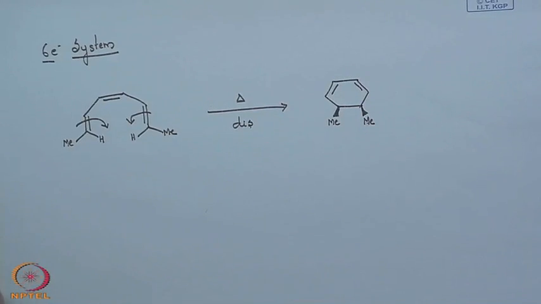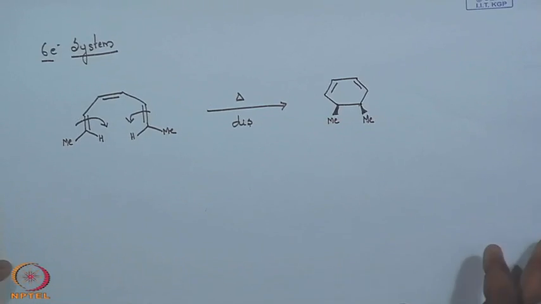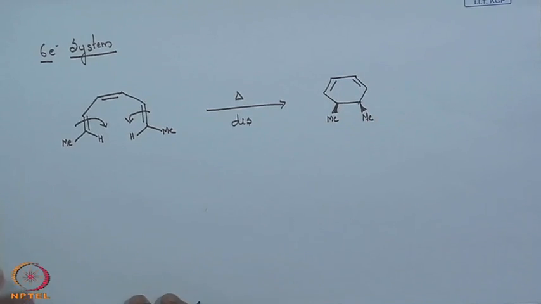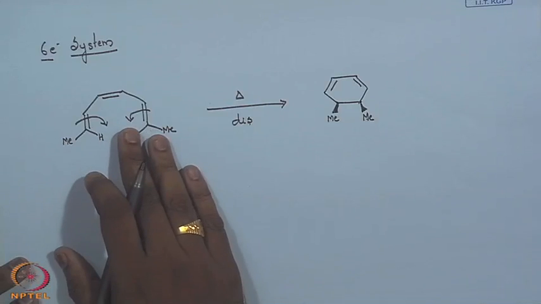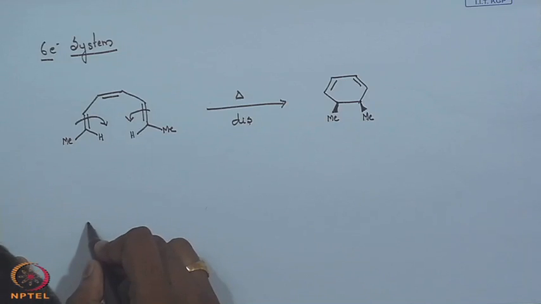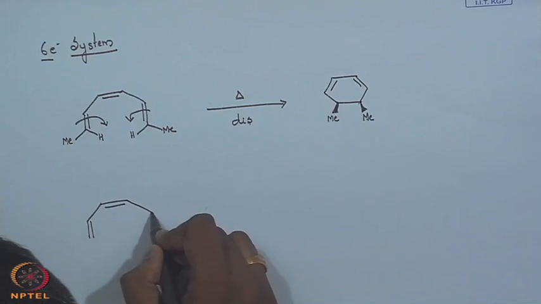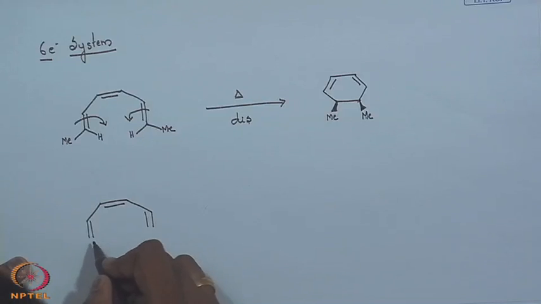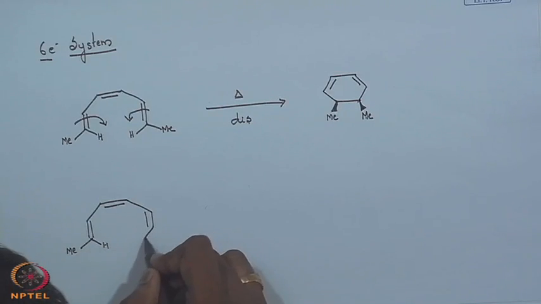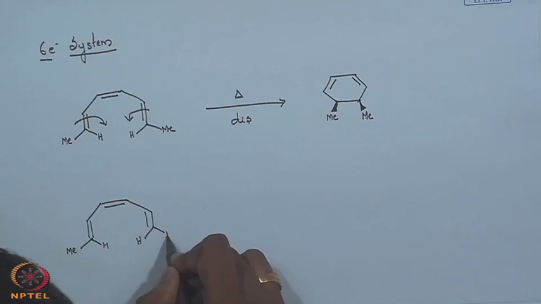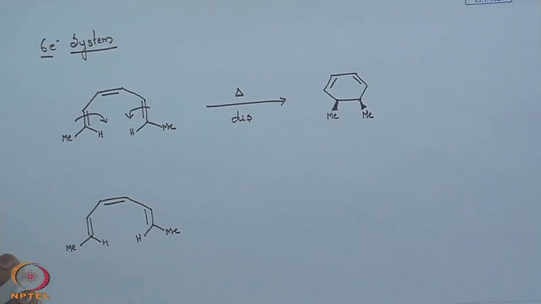You get a nice cyclized product. Same thing, if I do this reaction in light, what will happen under photolysis? Same compound, same triene system, so I am taking a triene.